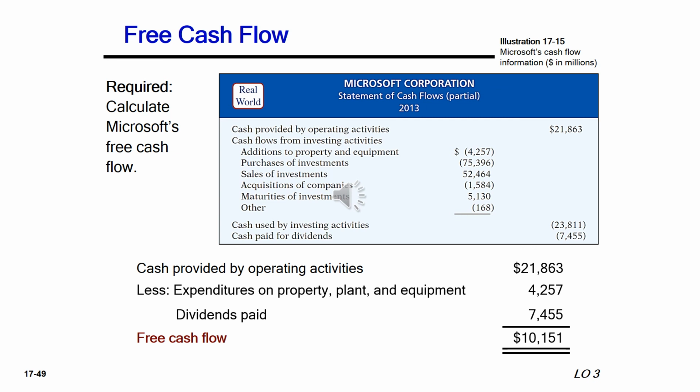So that's 4 billion 257 million. And we're also going to subtract dividends paid. We can find the information for the dividend on the last line of the partial statement you see in front of you, the cash paid for dividends, and that was 7 billion 455 million. So based on that, we can find the free cash flow to be 10 billion 151 million for Microsoft in 2013.